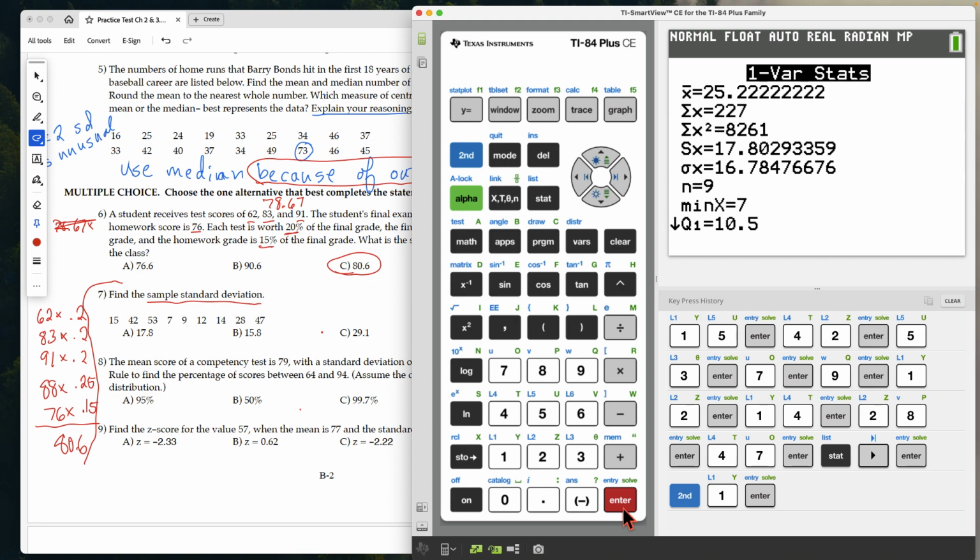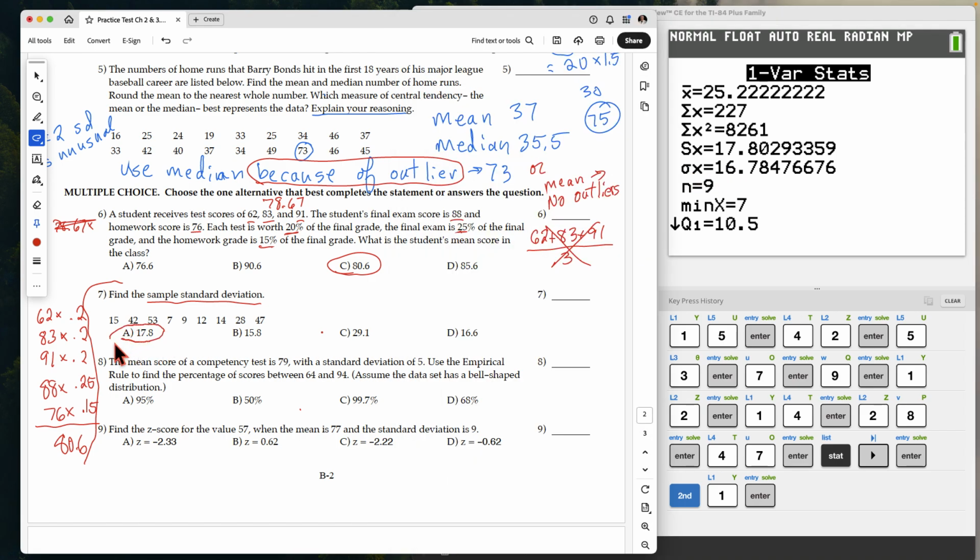Now we got a mean of 25.222. But what we want, we've got two standard deviations, this S little x and sigma little x. The larger number, 17.8, that is your sample standard deviation. So 17.8, that is our answer right there.